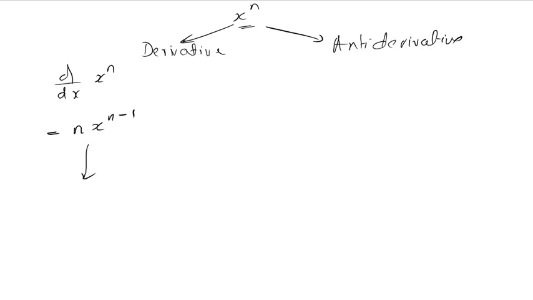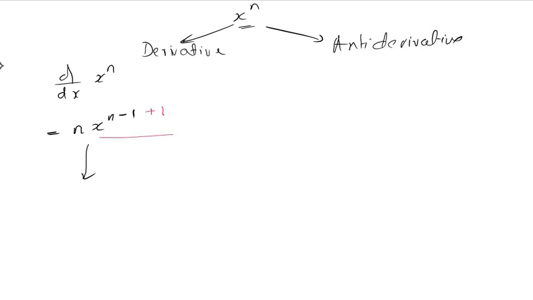So how do you get the antiderivative? You add 1 to the power of x and you divide by that value. So we add 1 to the power once and divide by that to get the antiderivative.